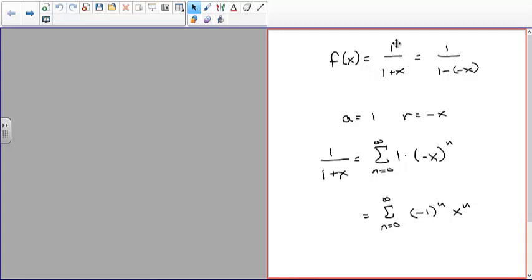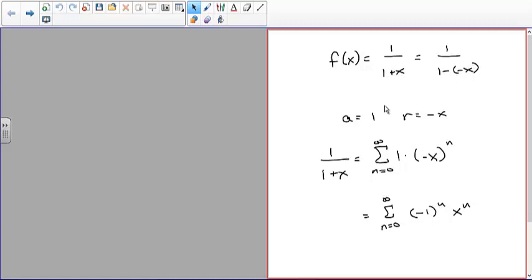One of the examples they give in the book is the function 1 over 1 plus x. It's similar to the one we just did, which was 1 over 2 minus x or something like that. To make this into the form we needed before, a over 1 minus r, all we have to do is change 1 plus x to 1 minus a negative x.